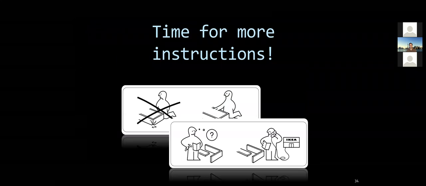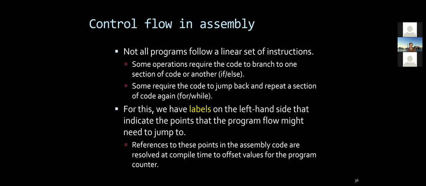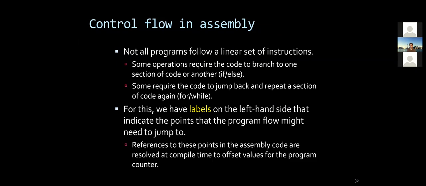And now there's time for even more instructions: branches, loops. So, control flow in assembly. Not all programs follow a linear set of instructions, as all of you know by now. Some operations require the code to branch from one section of code to another using if-else instructions. And some require the code to jump back and repeat a section of code again. This is typical for for and while loops.